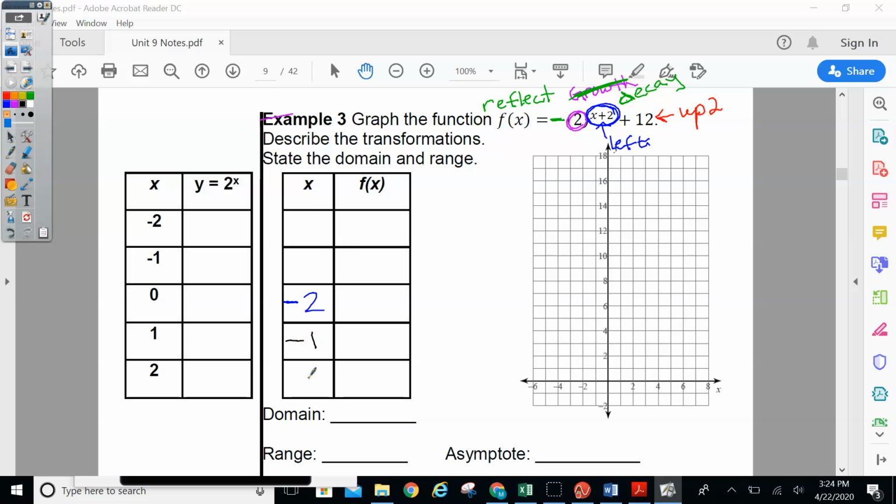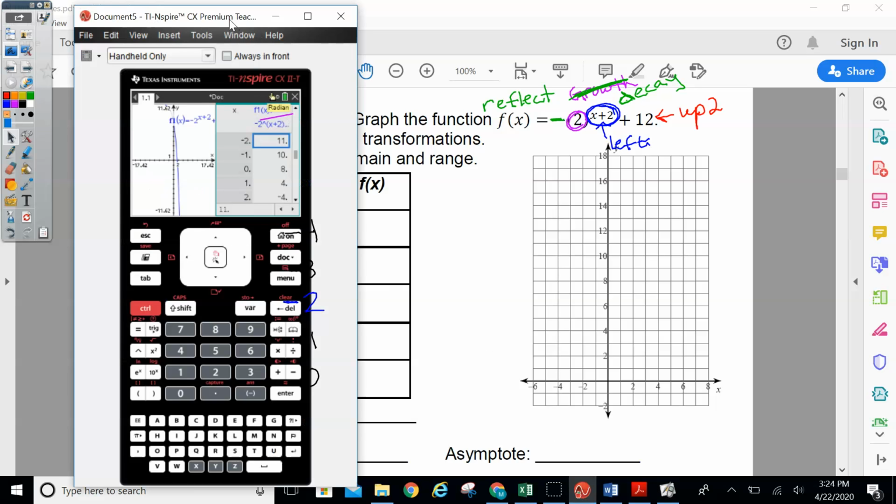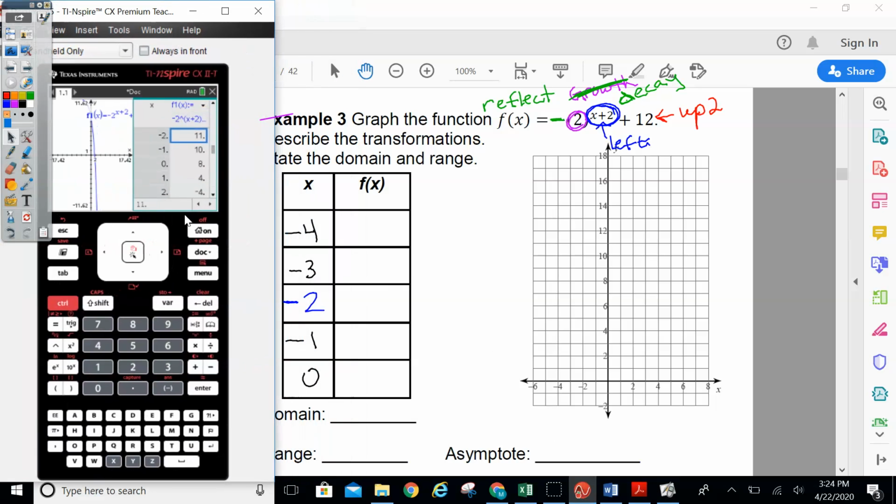So -1 and 0, -3 and -4. Otherwise if you don't start with h, then the numbers that are in your table are going to be probably ones that you can't fit. So here, moving up a little bit. Again, if I go too far, these are going to be too close. If I go too far this way, these aren't going to fit on my graph because it only goes to -2. So put -2 in the middle and plot your points.